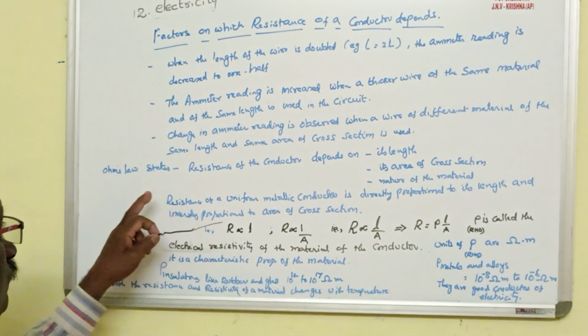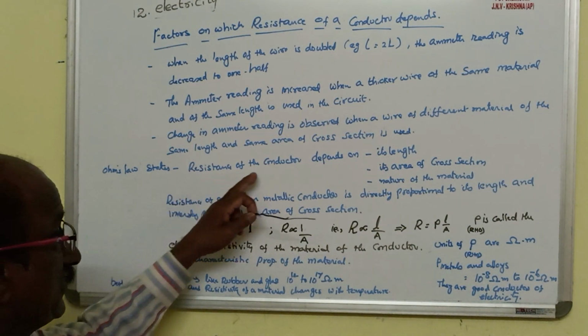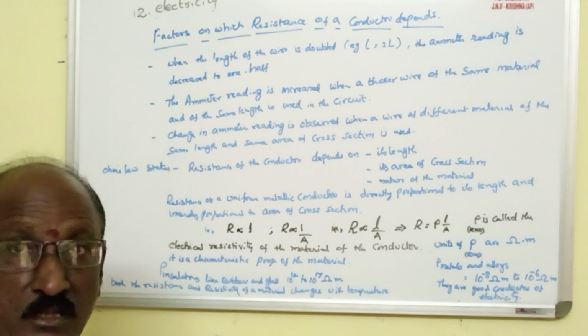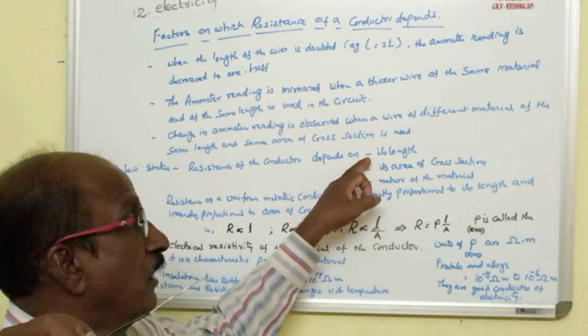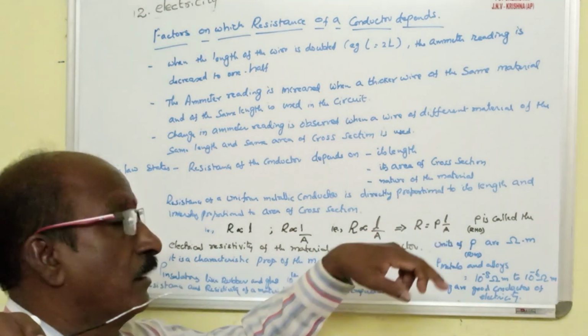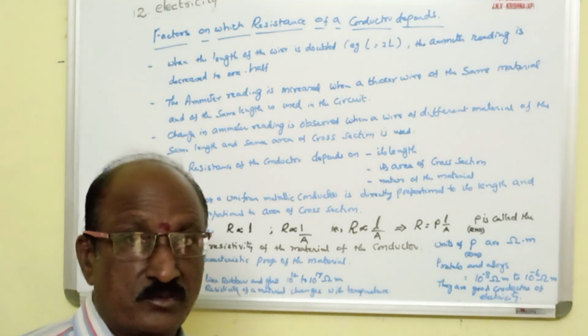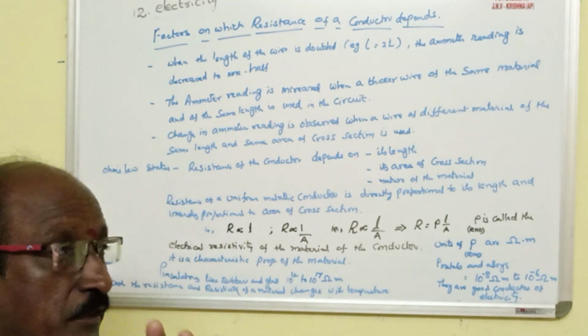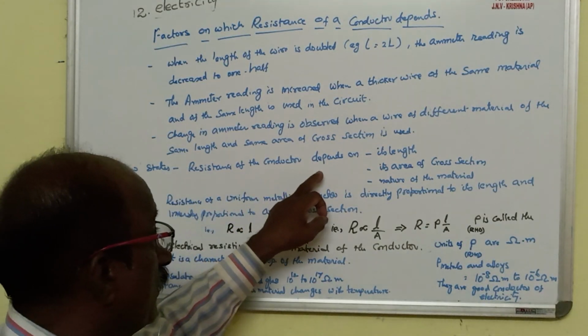What Ohm's law is saying is that the resistance of the conductor depends upon its length, area of cross section, and the nature of the material it is made of. Three factors importantly influence the resistance of the conductor here.